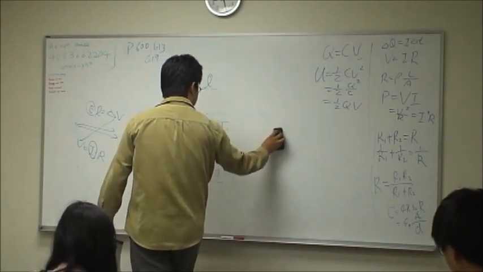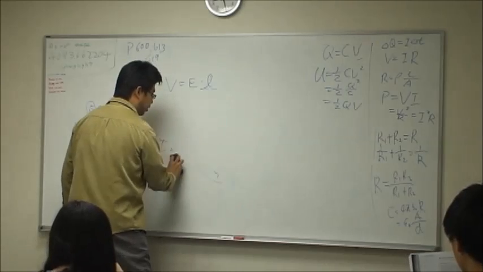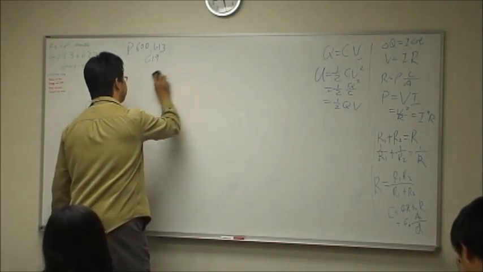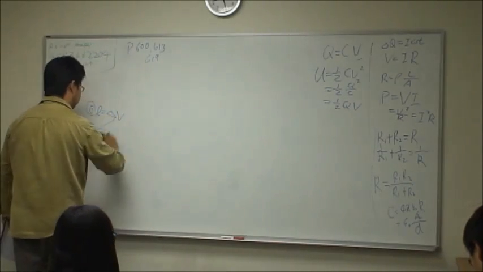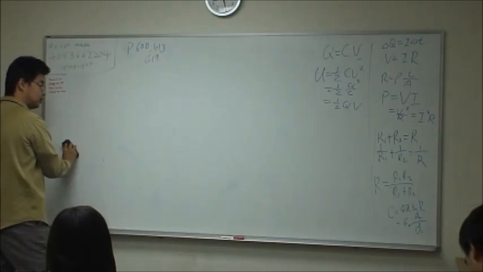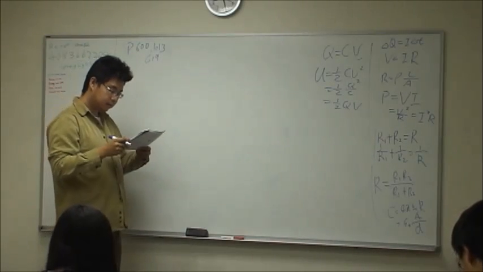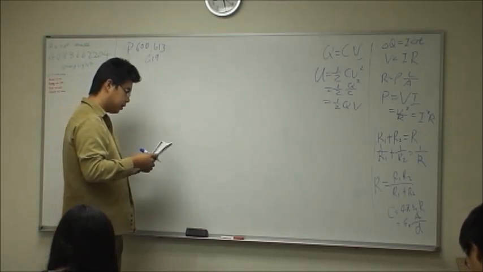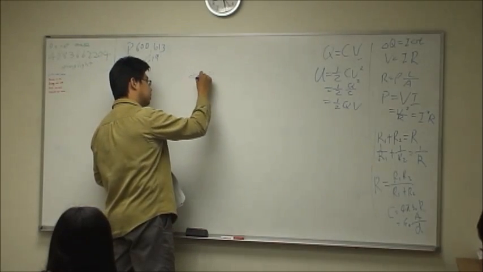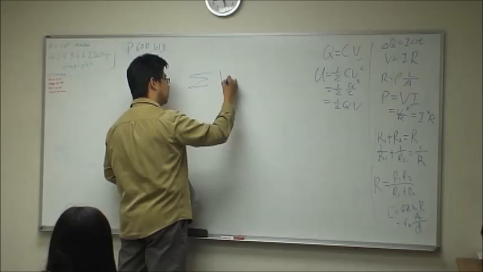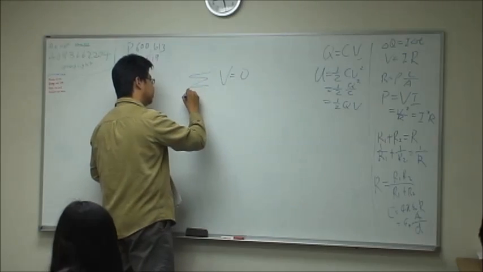Now we have all the fundamental concepts about circuits. We need to talk about the derivation of what's happening inside the circuit. The first thing in 28.3 is that sigma V is equal to 0 if it's a loop.